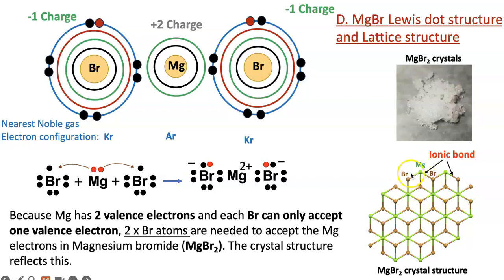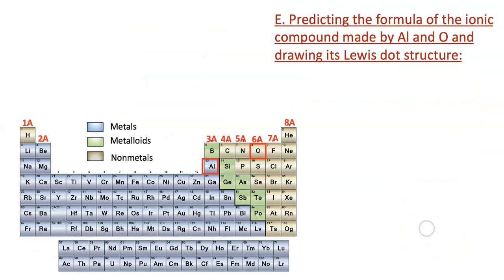Each magnesium is connected to 3 bromines from 3 angles, and maybe another one from the top, like that. So it forms this kind of structure. All ionic compounds have a crystal structure, and they make very solid crystals at room temperature.